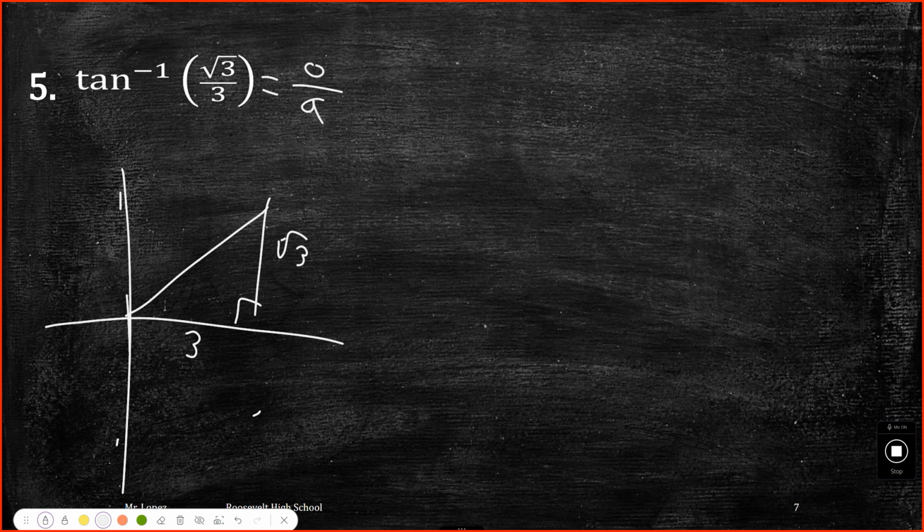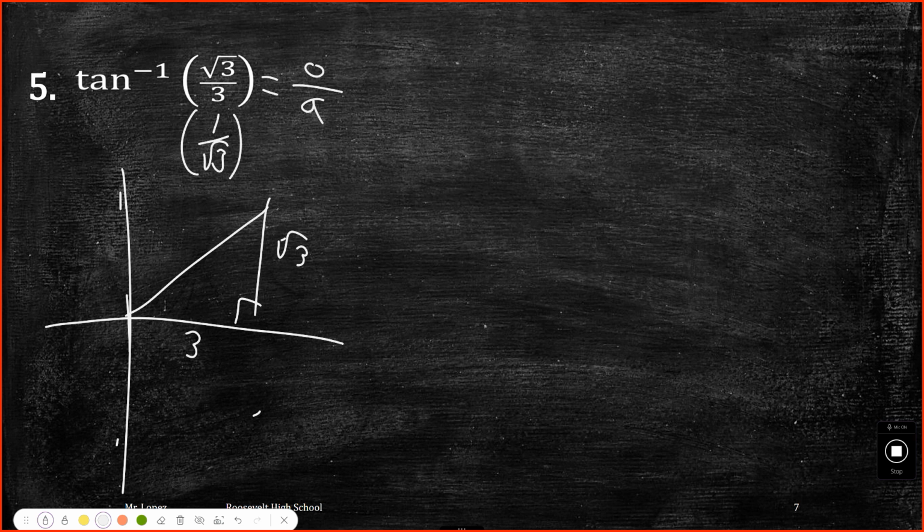See what happened? You have to remember, it has been rationalized. So really, this is going to be this. Just make that connection. It's really this that has been rationalized, because we multiplied root 3 by the top and the bottom. That's why you get root 3 over 3. So really, you're looking at tangent inverse of 1 over root 3.